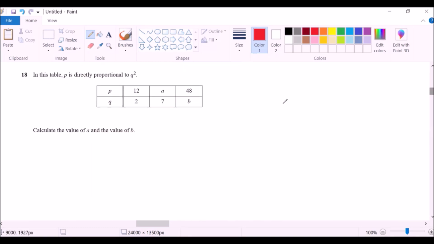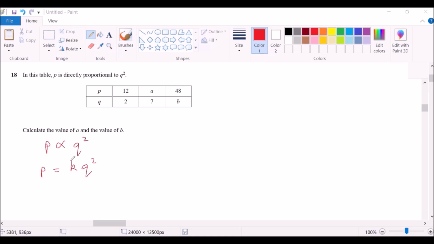Now we move on to question 18. In this table, P is directly proportional to the square of Q. Calculate the value of A and B. So we have P is directly proportional to Q squared. Then we have P is equal to KQ squared, where K is our constant of proportionality.